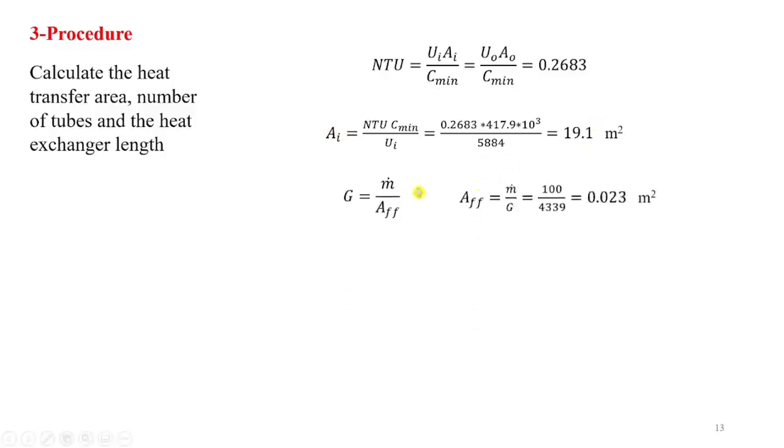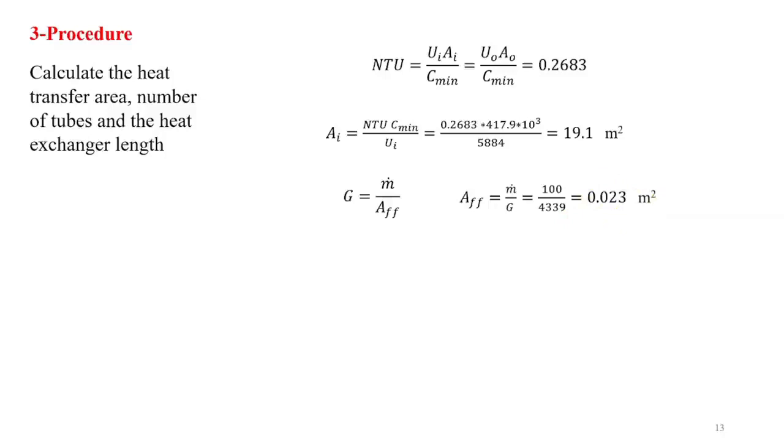We know that G is nothing but the mass flow rate divided by the free flow area. Since we have G and we also have m dot, we can find the free flow area for the whole heat exchanger, which is going to be 100 divided by 4,339, which is 0.023 square meters.